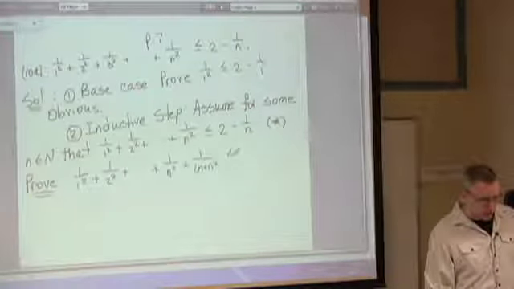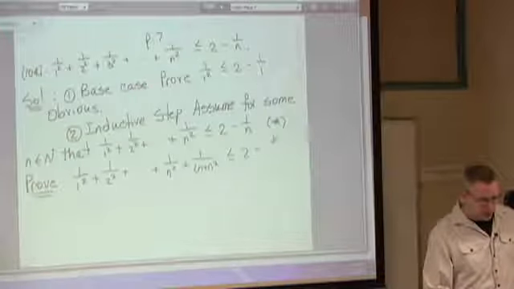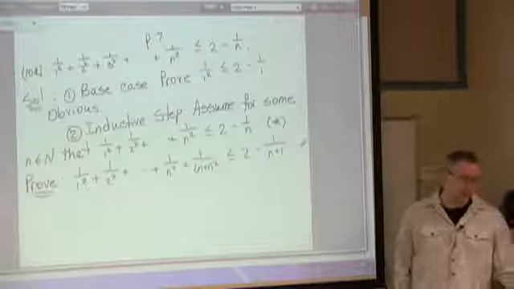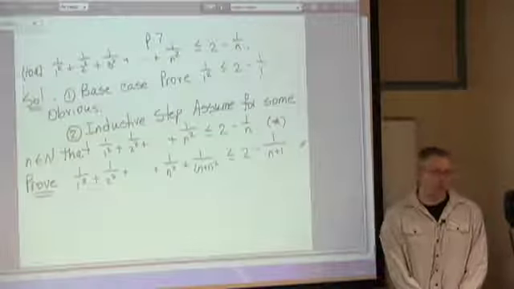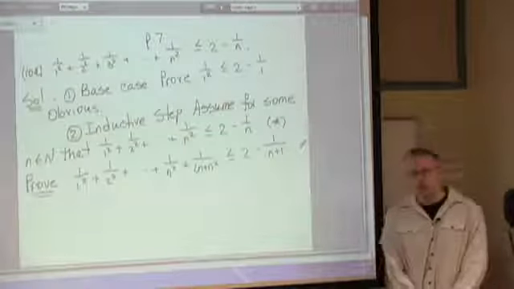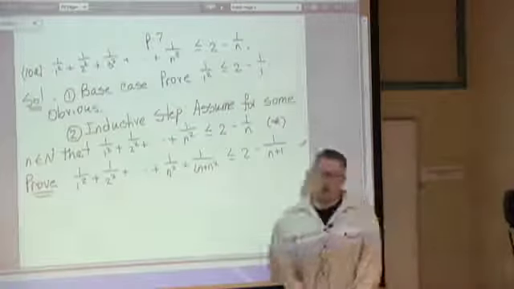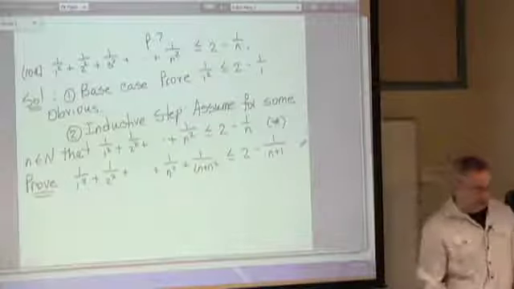And we have to prove that this is less than or equal to 2 minus 1 over n plus 1. Okay? Now, the idea behind induction is that you want to take your inductive hypothesis and mess with it until you get what it is you're trying to prove.